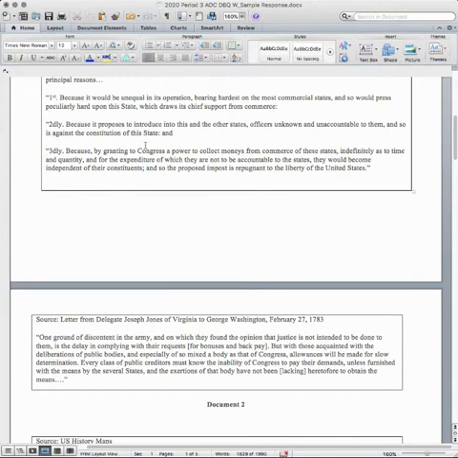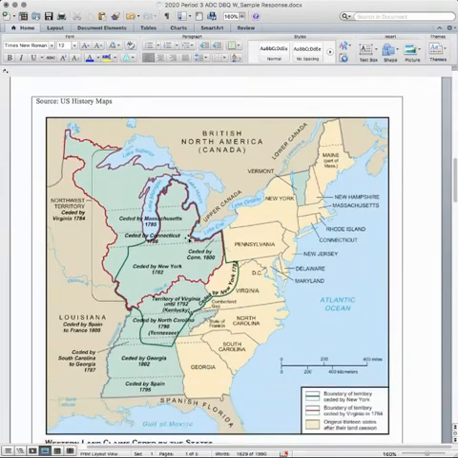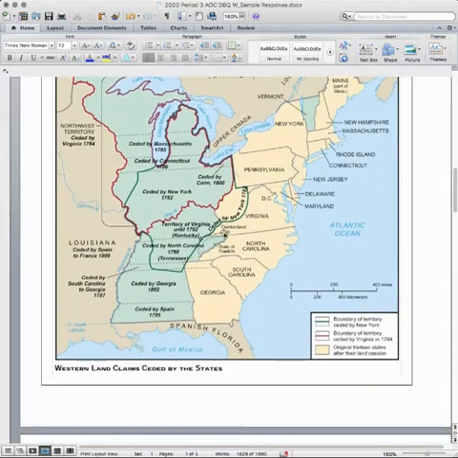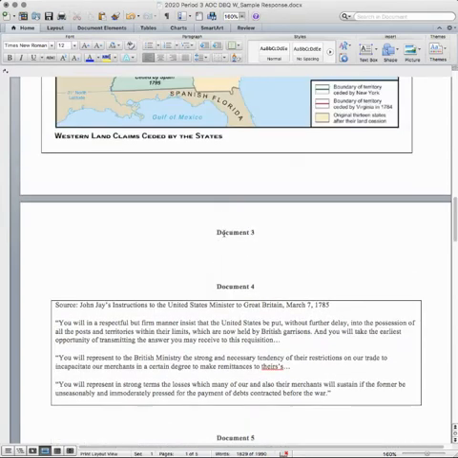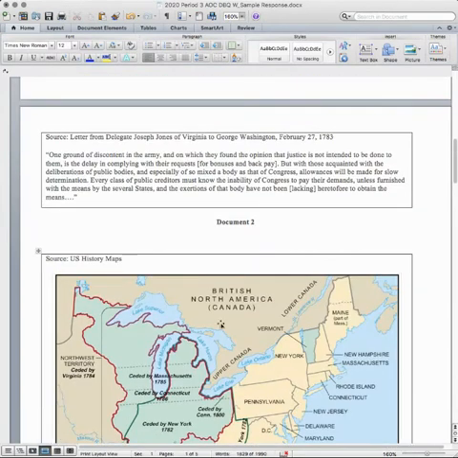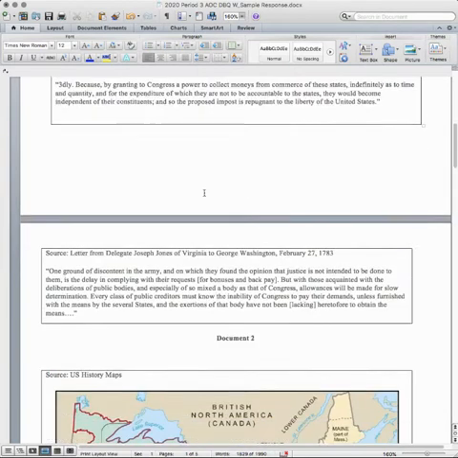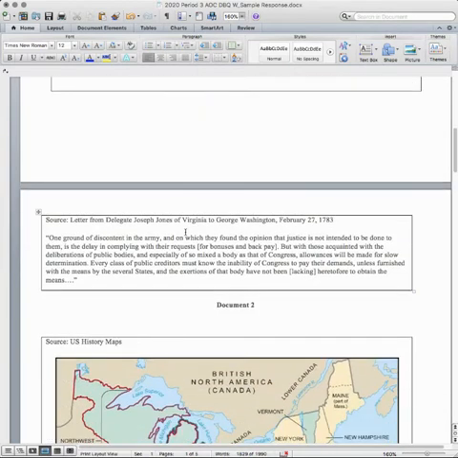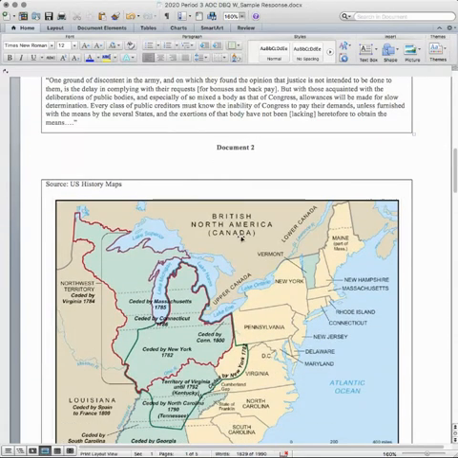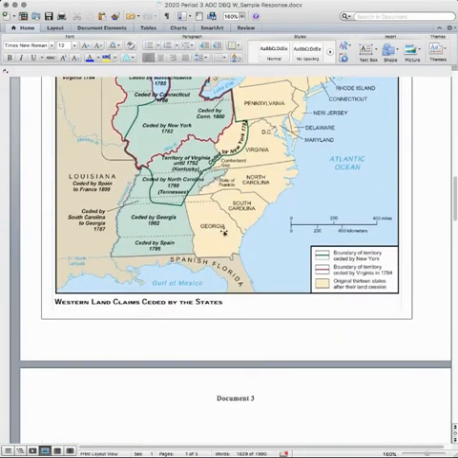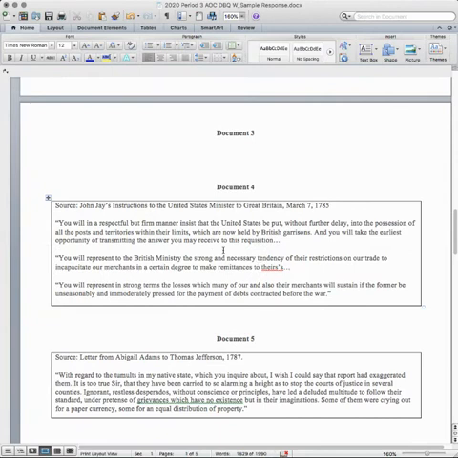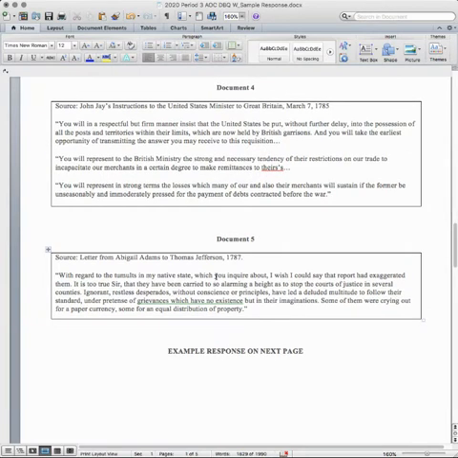I'm sorry, guys. This is document 2 right here. So I would mark document 1 happy. I would mark document 2 happy. And then I would mark document 3 right here with a fish. Document 4, happy. Document 5, happy.